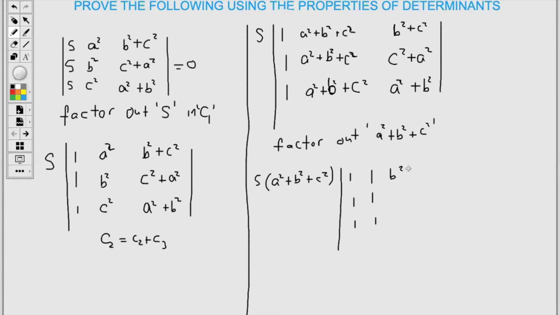Then the third column remains as is. Now we have a property: when two rows or two columns are the same, the determinant is 0. So just by looking at this, since column 1 and column 2 are the same, then I can say the determinant of this is 0.